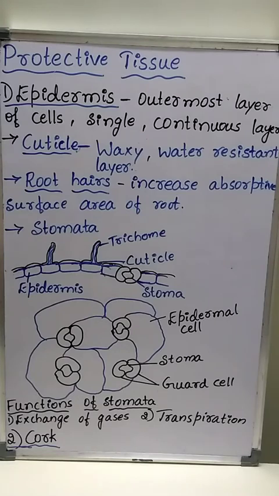Then this epidermis is usually single layered, and the cells of the epidermis are elongated. See, this is the epidermal layer. In this diagram you can see the epidermis, and this epidermis is single layered.